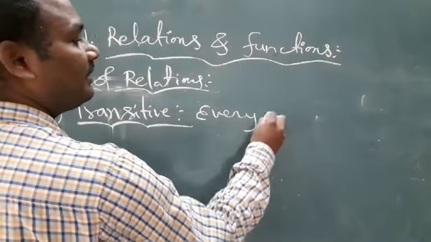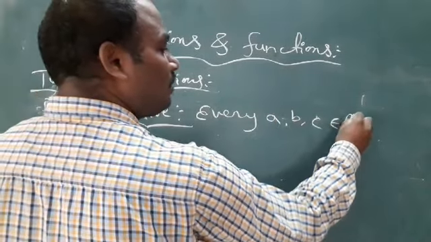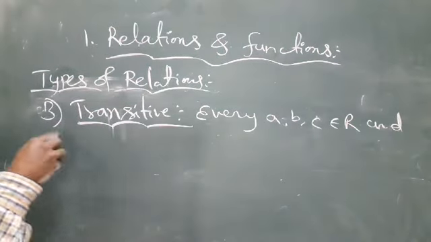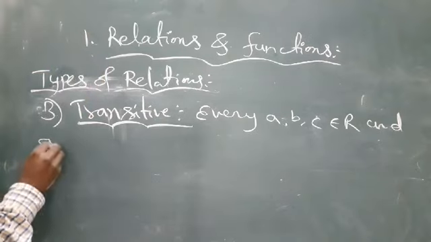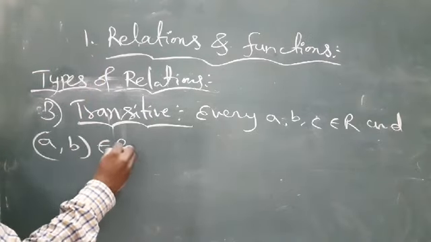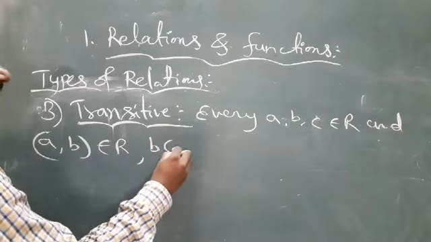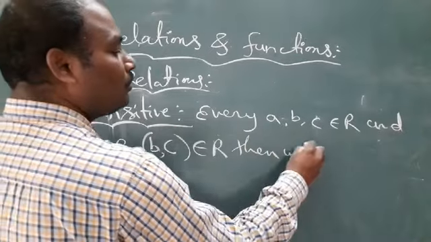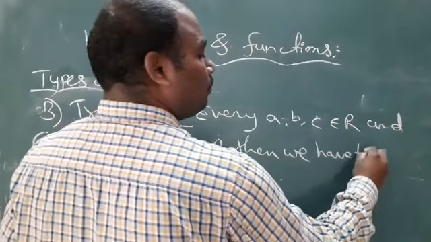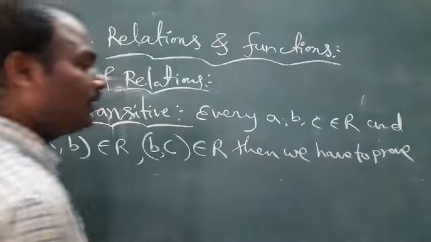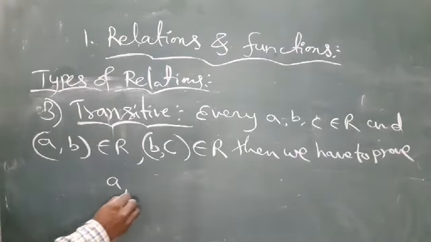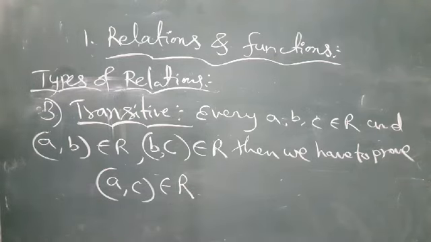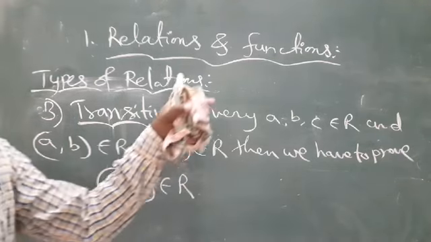Every (a, b, c) belongs to R, three elements, and you can take two pairs: (a, b) belongs to R, (b, c) belongs to R. Then we have to prove (a, c) belongs to R. Then automatically R is a transitive relation.